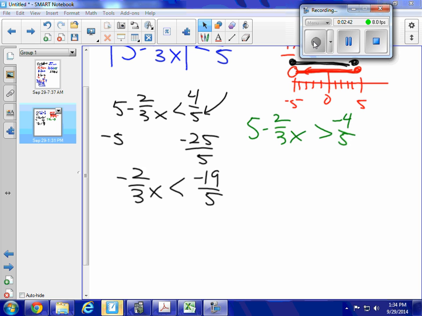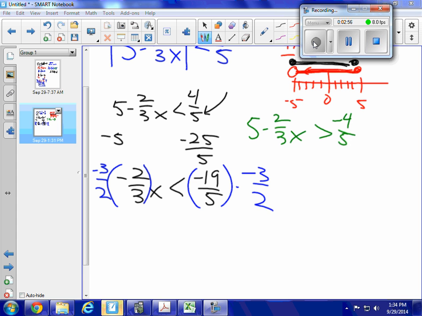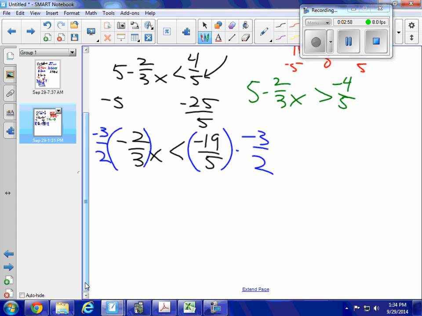I still need to isolate x. So in order to isolate x, I'm going to multiply by the reciprocal of its coefficient. So I'm going to multiply by negative 3/2, and I have to do that on both sides. So what I get in terms of algebra here, these go away, and I have x on this side. And on the other side, I multiply straight across.